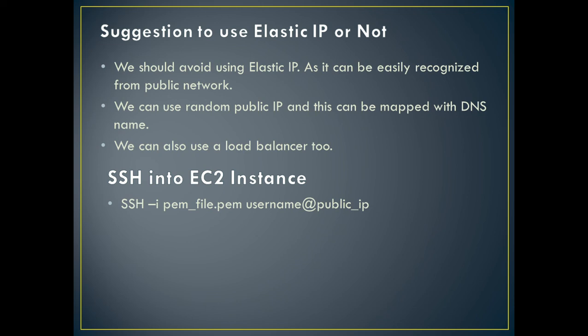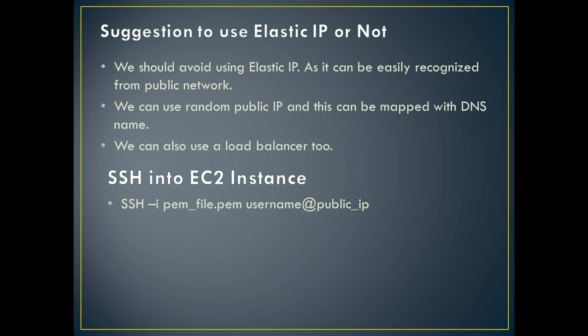Just a simple tip: if we want to SSH into an EC2 instance, there is a simple command which can be run from PuTTY or an SSH console. ssh -i your PEM file along with the extension, and we should run this command at the location or in the folder where the PEM file exists, or we should specify the path of the PEM file if we are running it from somewhere else.